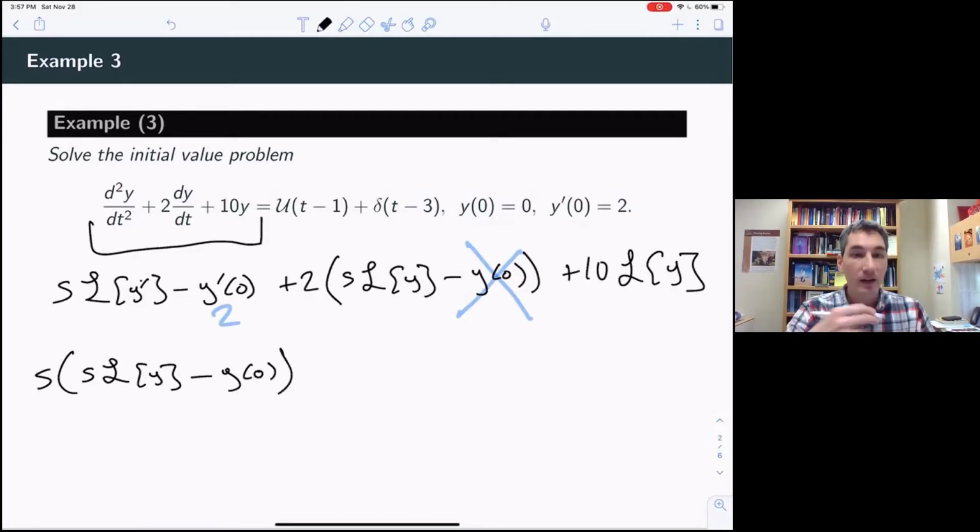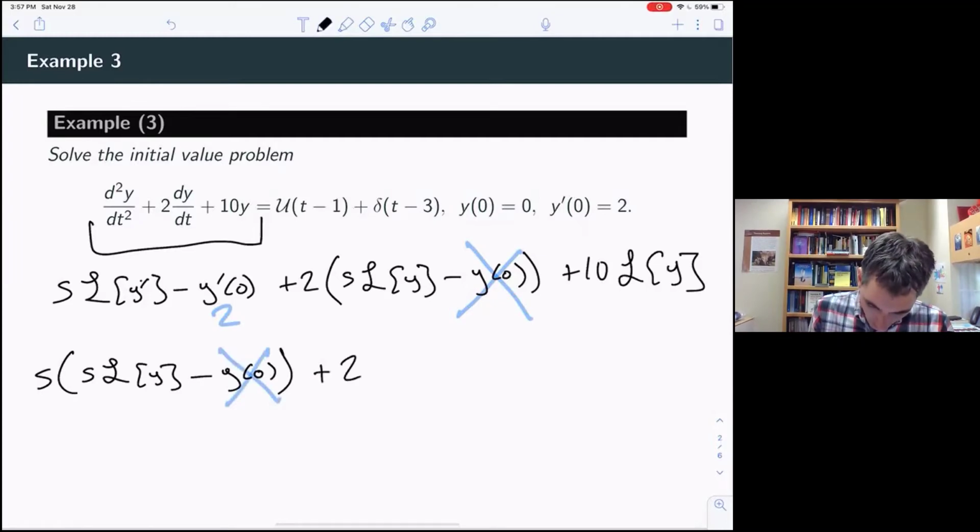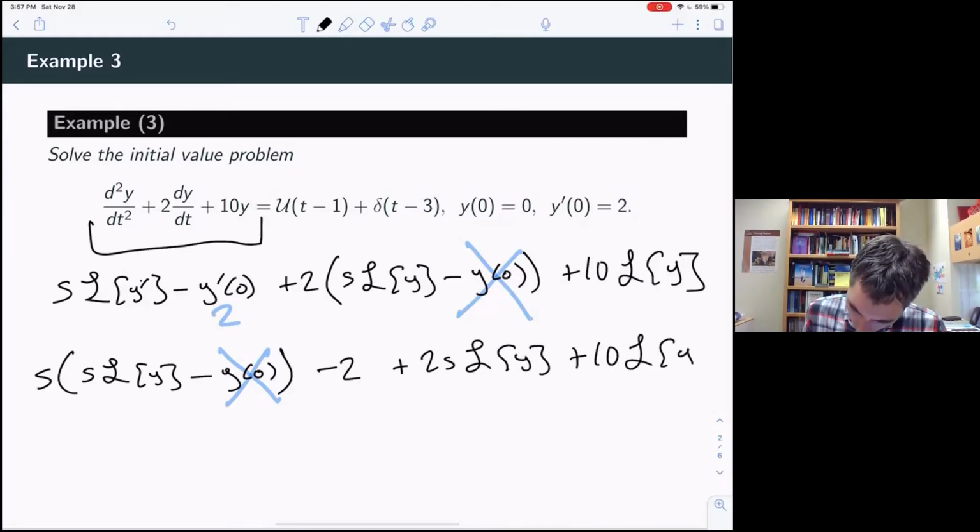So then we get s L of y minus y of 0. Of course, y of 0 is 0, so that will just cancel out. We'll have 2s L of y, and minus 2 from y prime of 0, plus 10 L of y.